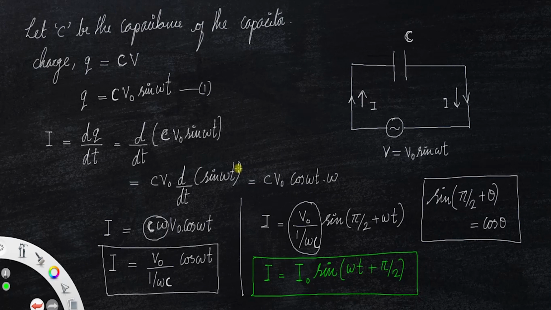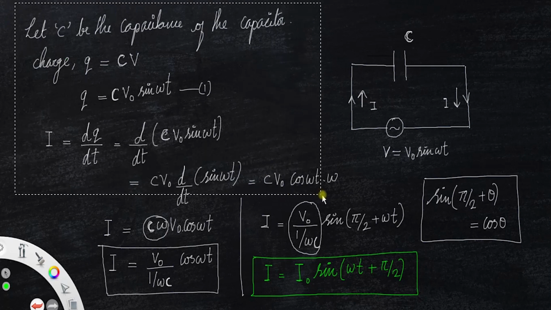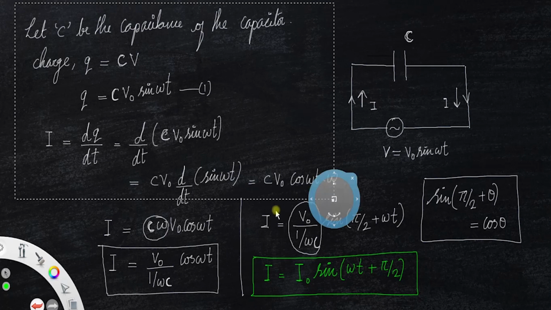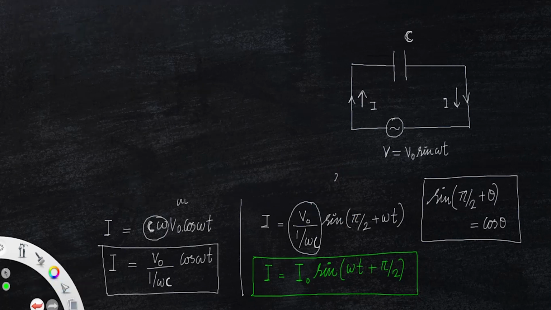Now we can note certain points here. Let's talk about the magnitude of the peak value of current first, that is I0.